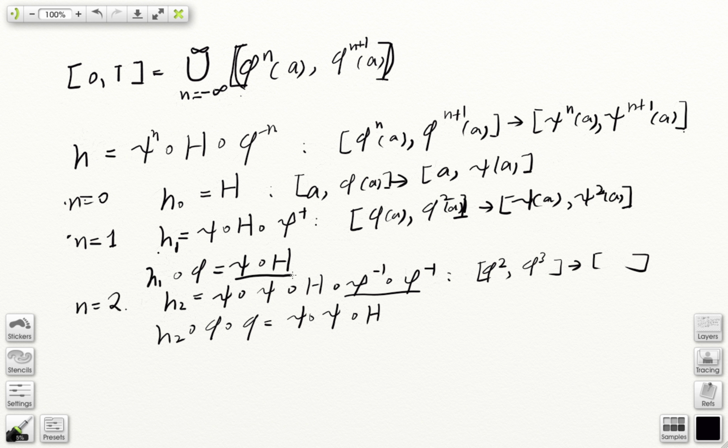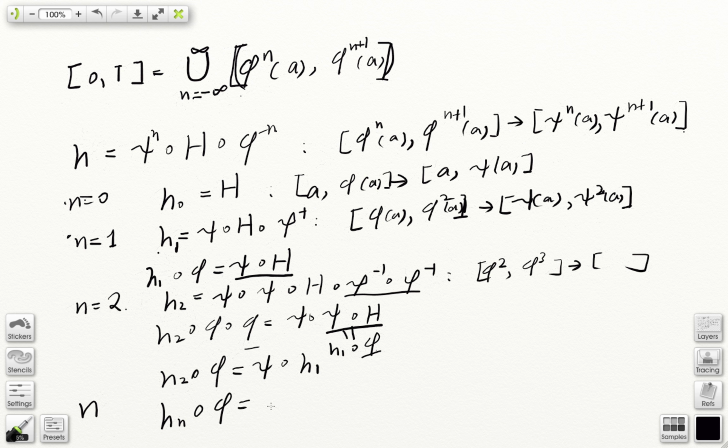As we know here, psi compose h equals h1 compose phi. If we compose phi inverse on each side of the equation, those two phi's cancel out. And all we know is h2 compose phi equals psi compose h1. And we can do it again and again. For general n, we have hn compose phi equals psi compose h(n minus 1).